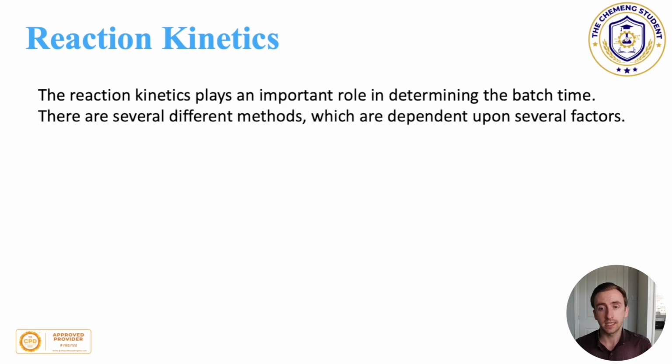And the reaction kinetics, as we know from normal reactor design, is highly influential on all aspects of the reactor design. And so this is one of the things that should be fundamental in your design, and one of the first things that you consider.